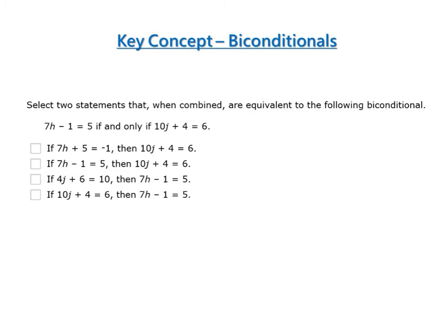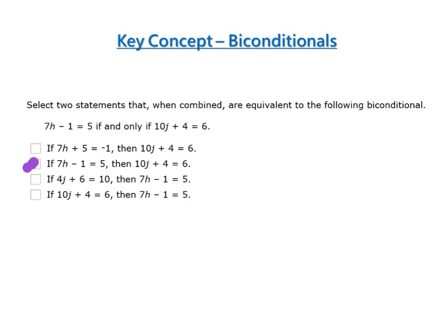Now I'm being asked to select two statements that when combined are equivalent to the following biconditional. 7h minus 1 equals 5 if and only if 10j plus 4 equals 6. Now you might think that looks really hard, but all I'm really looking for is the two statements here that are the same ones that I see above, and then when it is reversed. So I'm looking for 7h minus 1 equals 5 and 10j plus 4 equals 6.